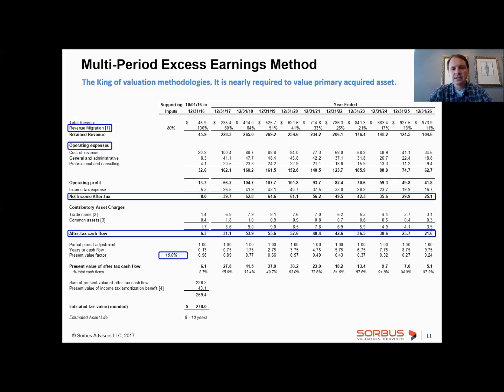What we're saying here is that in 2017, only 80% of all of the revenues will come from the customers that were here on the acquisition date. From there, we go out into the future using that 80% rate. You'll see that the attribution drops over time, and so retained revenue drops over time. We use that retained revenue as the basis for our valuation going forward.